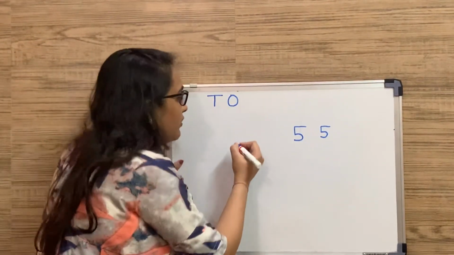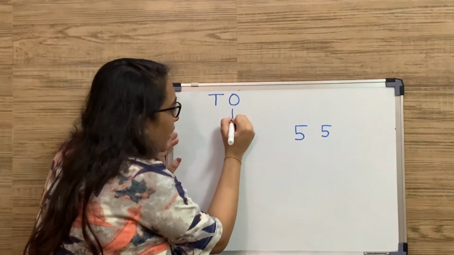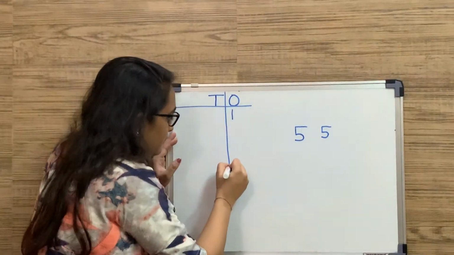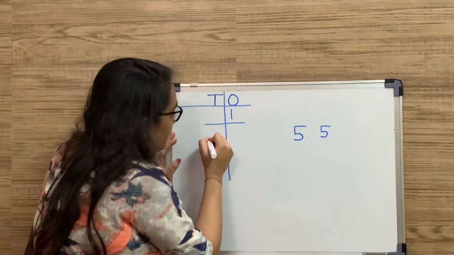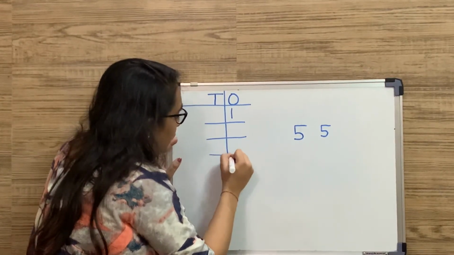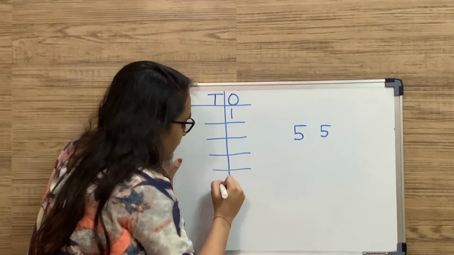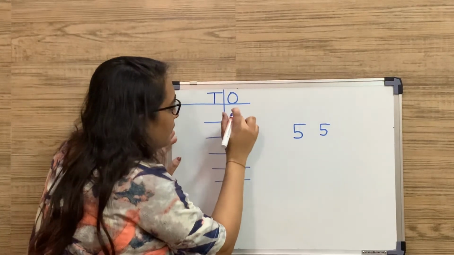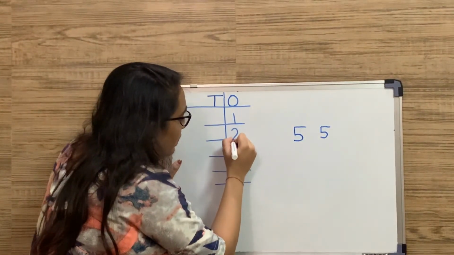Then I will write numbers 1 to 5 over here. 1, 2.